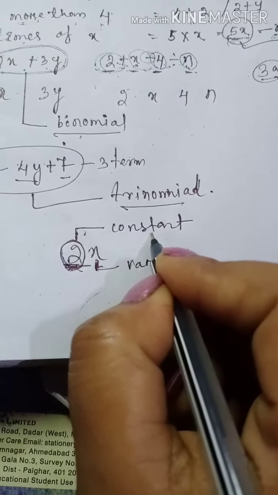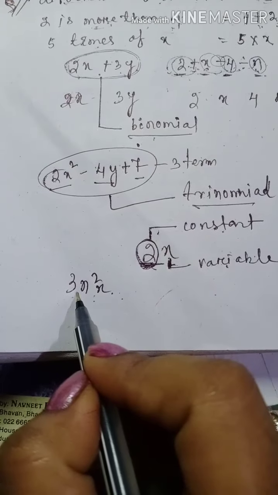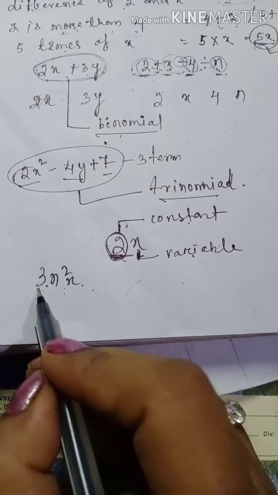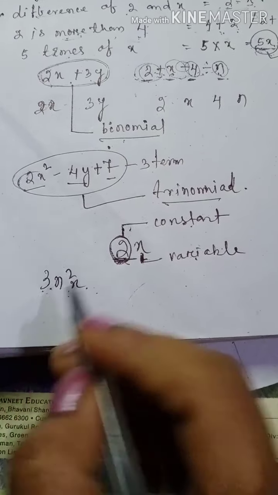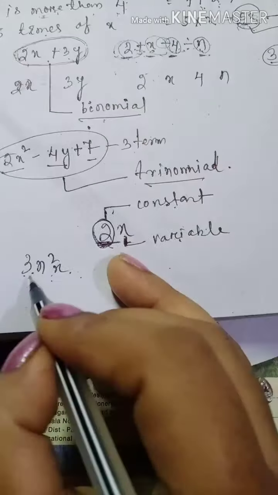Okay, next is literal factors. Factors means, let's take 3n square x. Listen carefully. 3n square x. In 3n square x, this is the numerical value, which means it is the constant. This constant value, numerical value, is termed the numerical factor.